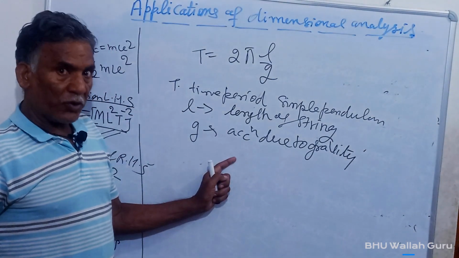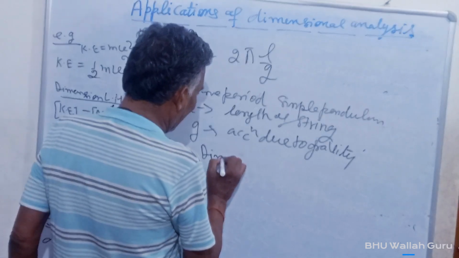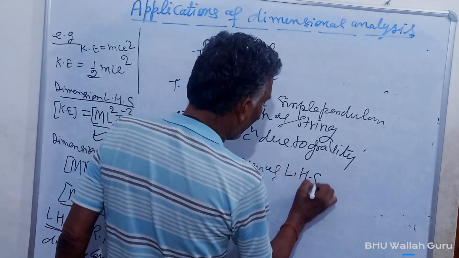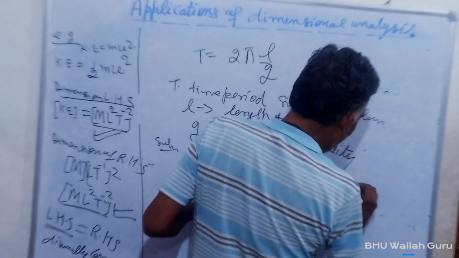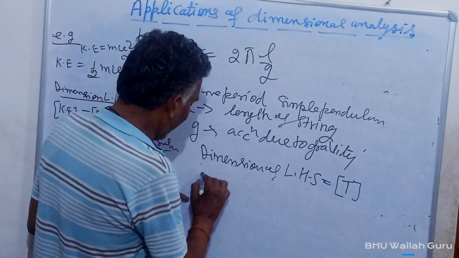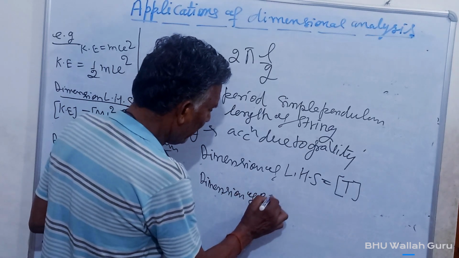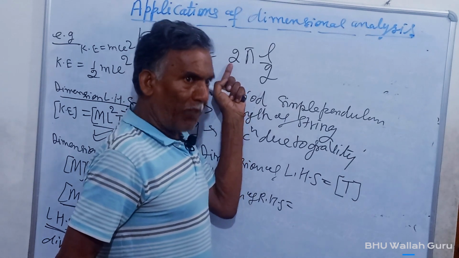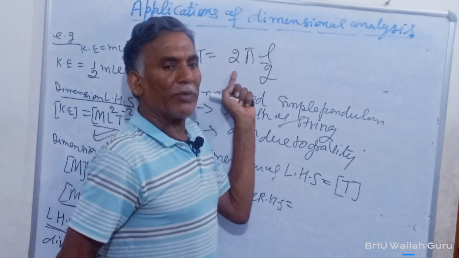Adopt the same process. The dimension of the left hand side: it is the time period, having the dimension T. The dimension of the right hand side: 2 pi, 2 is a number, pi also has no dimension, so this 2 pi is dimensionless.